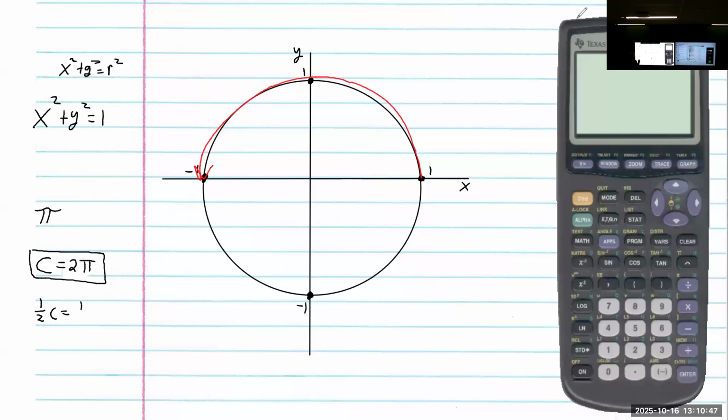Half of the circumference is 1/2 of 2 pi, which is pi. So if I'm just looking at the top half, how much is that circumference? It's just pi. So the top half is just pi. Right? Sure.